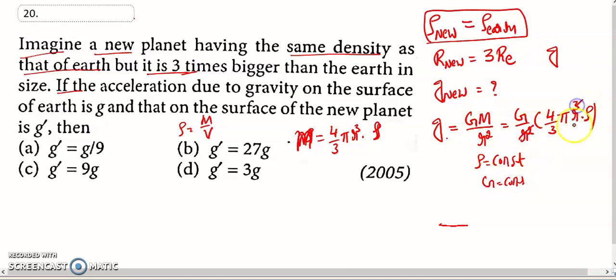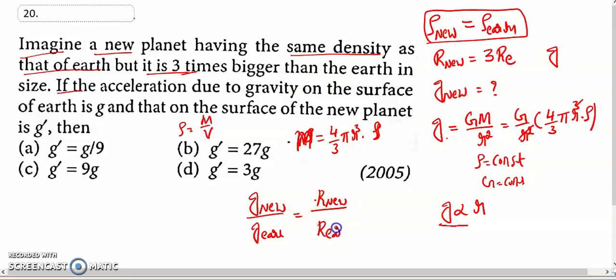R square and one R get cancelled. So g is proportional to R. That means the acceleration due to gravity of the new planet divided by that of the Earth is equal to the radius of the new planet divided by the radius of the Earth.